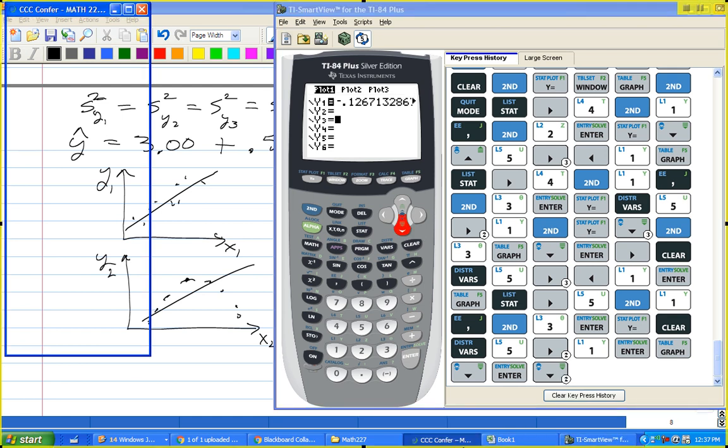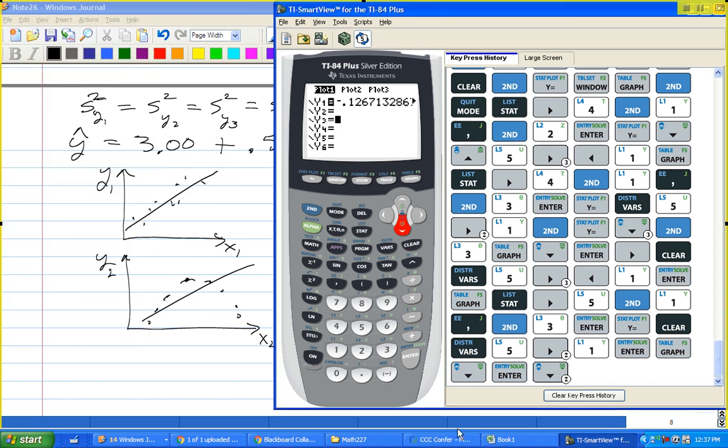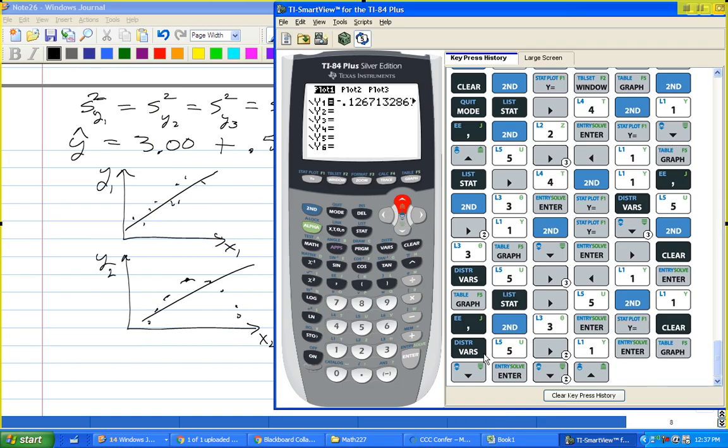Here, wait 1 second. You still copy the first graph? Yeah, the first graph is nice, yes. So the very first graph is nice, and it really should be appropriately used.